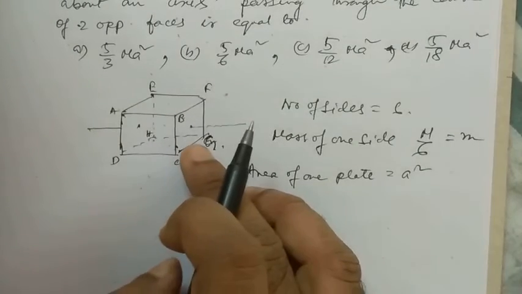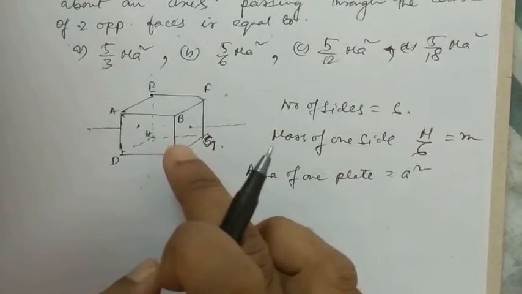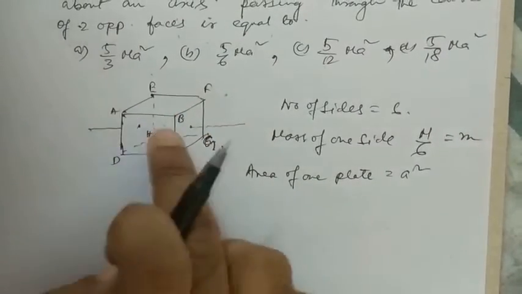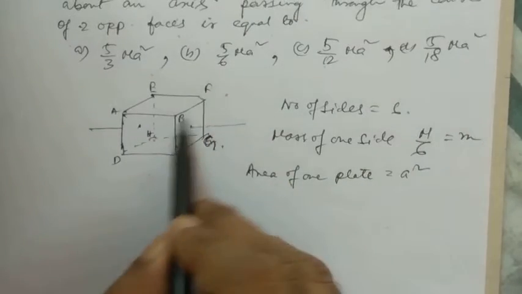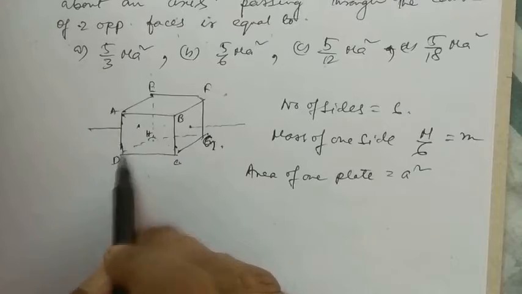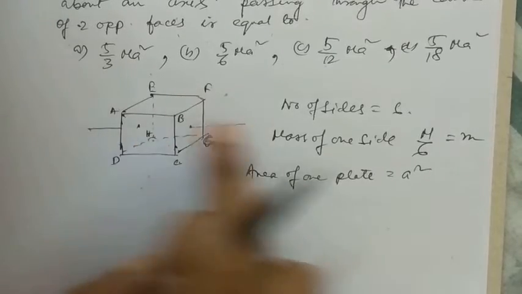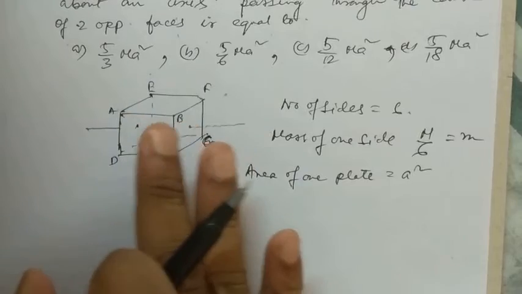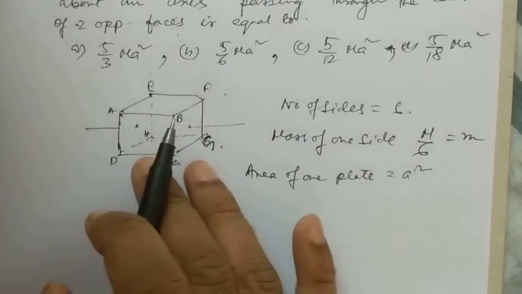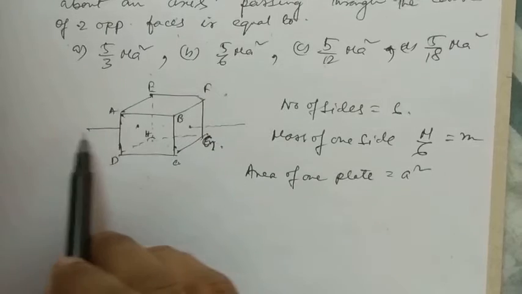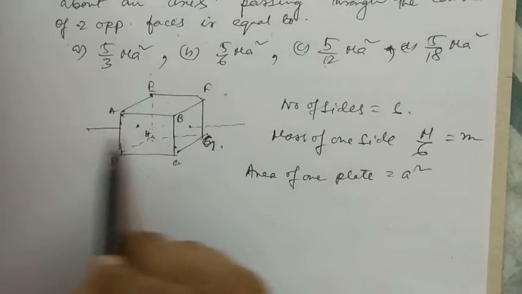So the sides we are taking into consideration are the sides which are parallel to this axis, and not these 2 sides, BFGC and AEHD, the sides in which the axis has penetrated through. We will separate these 2 sides and calculate them later. So first try and find out the moment of inertia of the plates which are parallel to this axis.